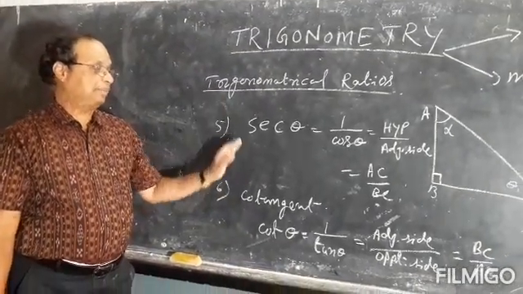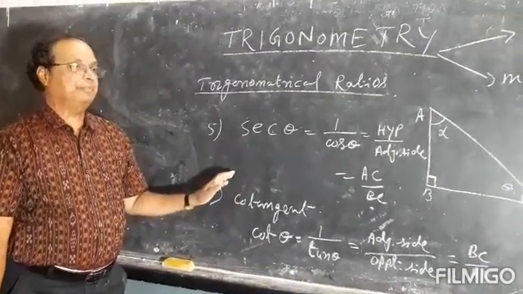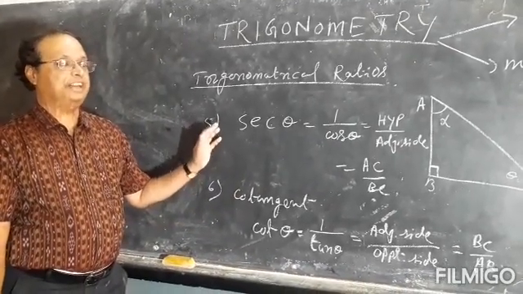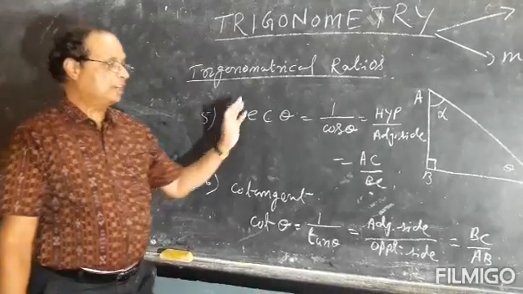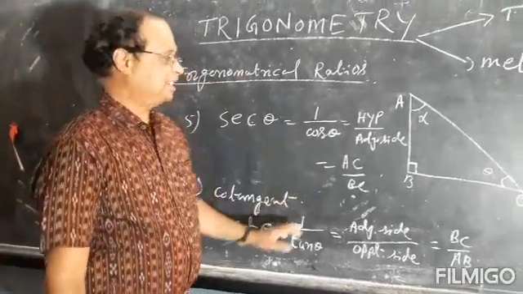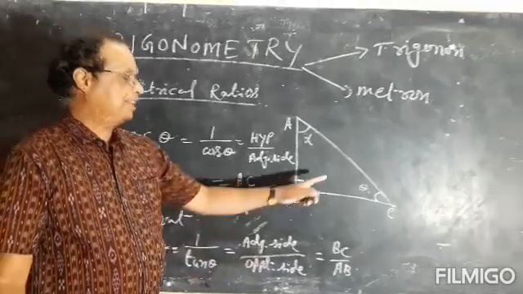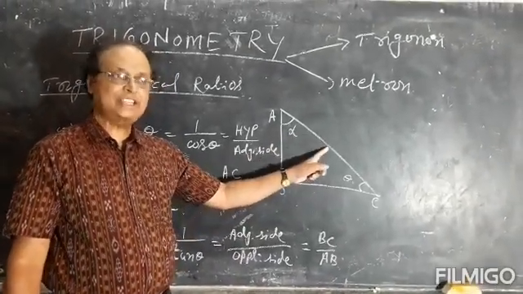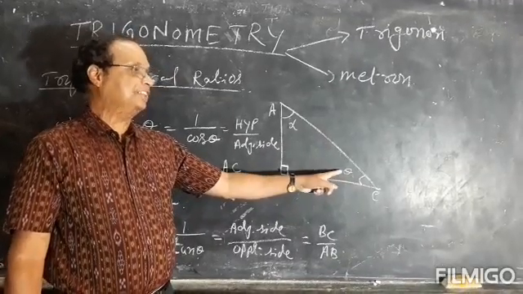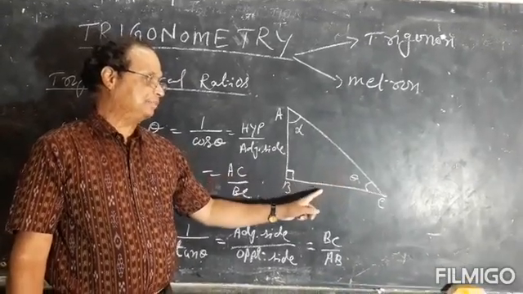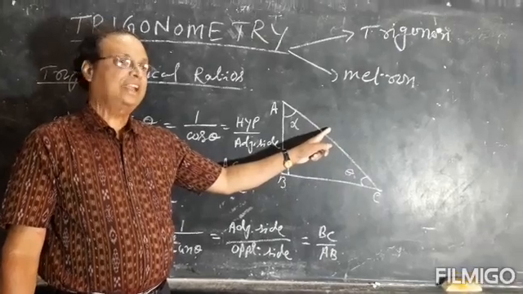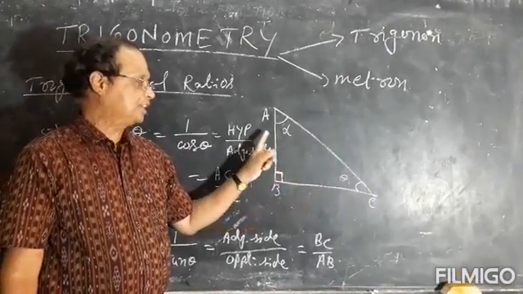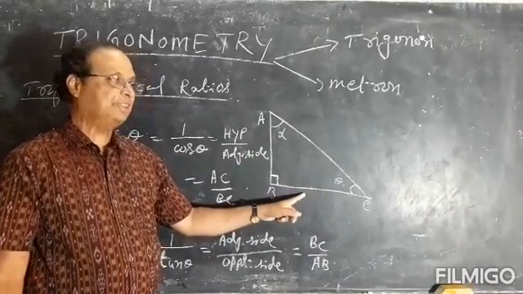All of you have to learn this by heart and remember, because without the alphabet you cannot study trigonometry. Understood? Now to recapitulate: sin theta is opposite side by hypotenuse, that is AB by AC. Cos theta is adjacent side by hypotenuse, that is BC by AC. Tan theta is opposite side by adjacent side, so it is AB by BC.